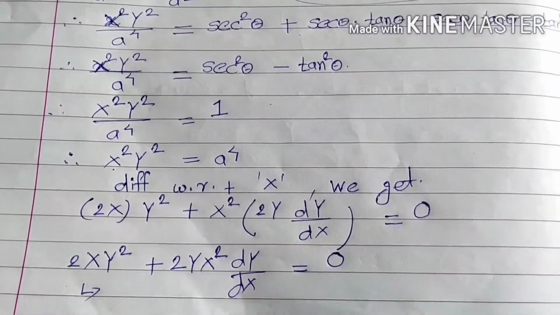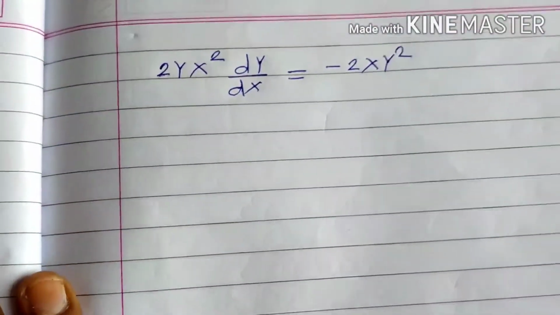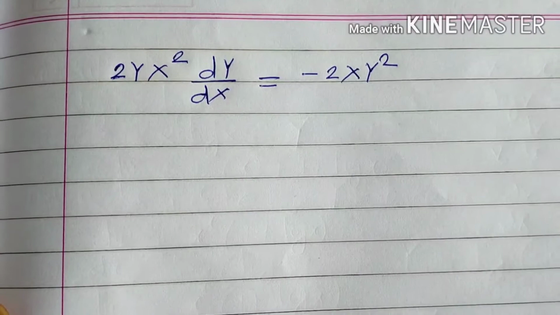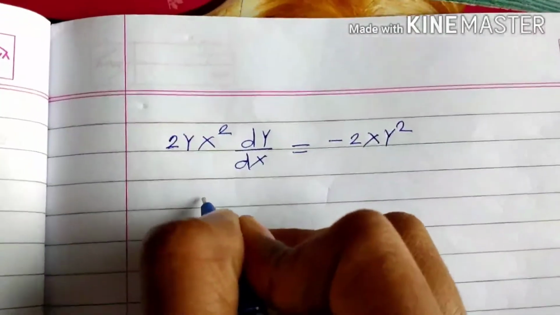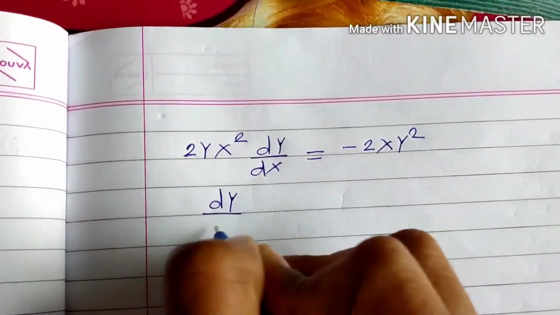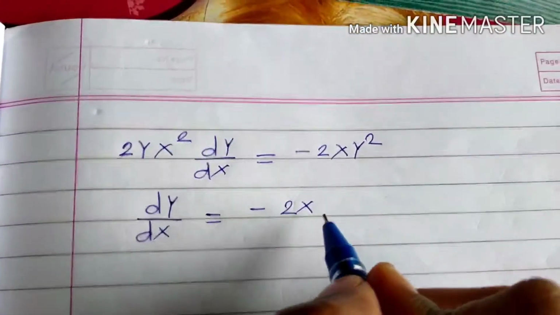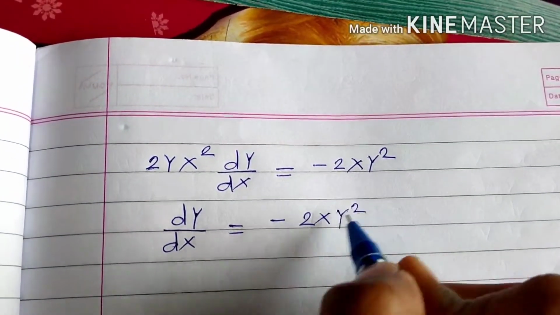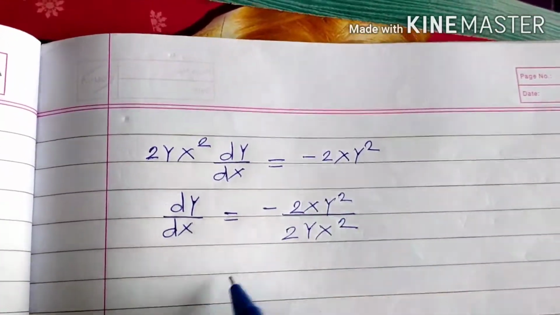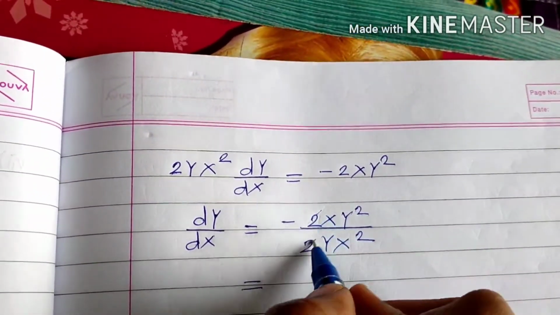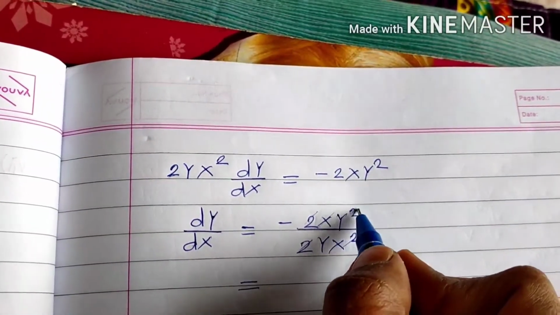Take this expression on the RHS. So you get 2y x square dy by dx equals minus 2x y square. We want only dy by dx. Cancel 2, cancel this x and this x, y and this y.